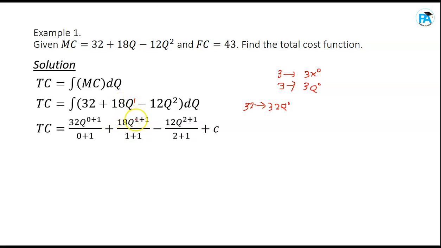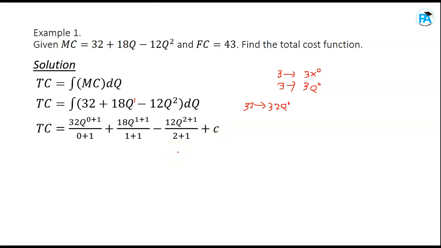So 18q exponent 1 plus 1, you add 1 to the exponent and divide by the new exponent, which is now 1 plus 1, minus 12q exponent 2 repeated, then you add 1 to the exponent and divide by 2 plus 1, which is the new exponent, plus c, a constant, let's say small c. Some people use small k, but I'm using c.